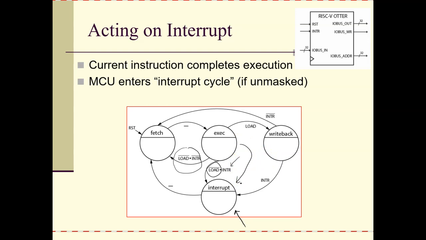Inside that interrupt state, I do a couple of things. It's just one state, and then I go back and fetch the next instruction. This is essentially the same thing for the load instruction. It just has an extra state there because we have the write back state associated with the load instructions.